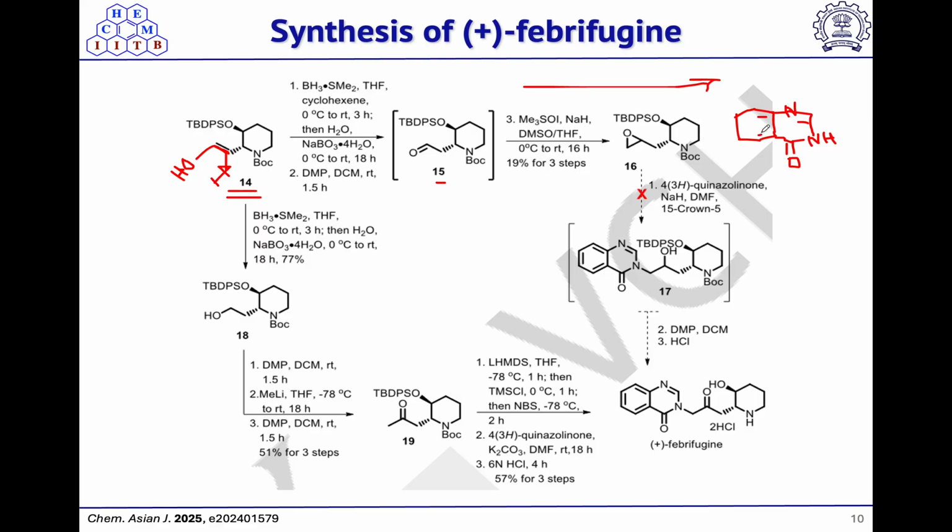So this is the quinazolinone where we have this nucleophilic amine. NaH will take the proton and give N minus, and that N minus can open this epoxide. So this reaction is theoretically possible, right? To give this product. Now the problem is that this reaction did not work.